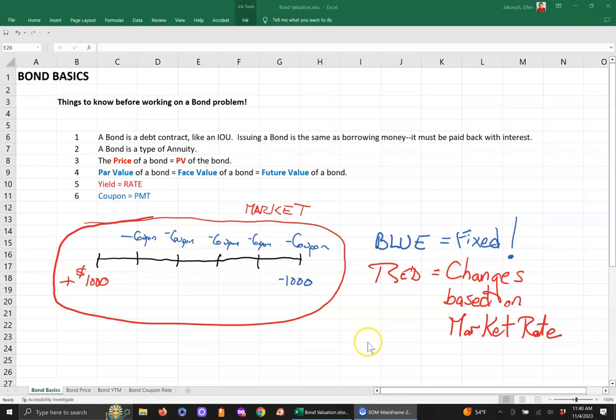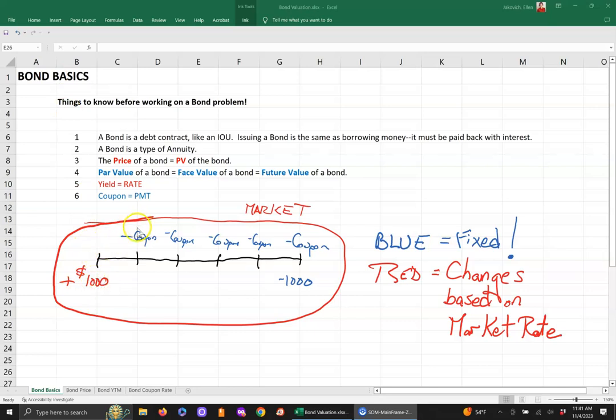So it's a type of annuity, and it looks like this diagram right here. Let's say we have a 5-year bond, and it has a face value or par value of $1,000. If we're the company, we get money for the bond right up front because we borrowed that money and gave them an IOU.